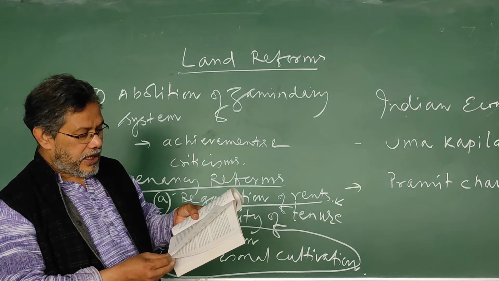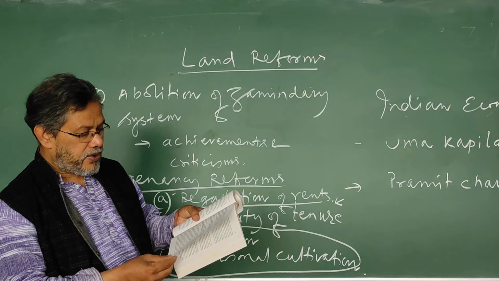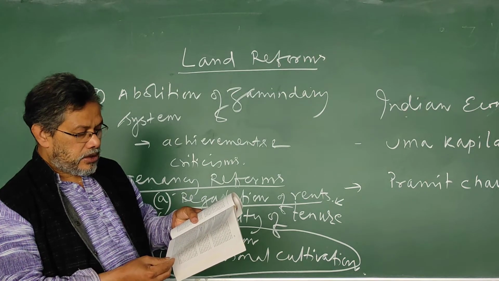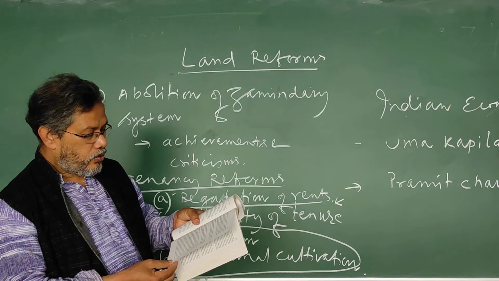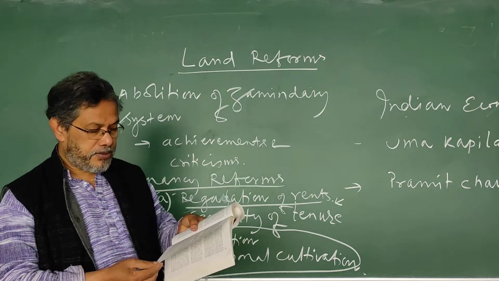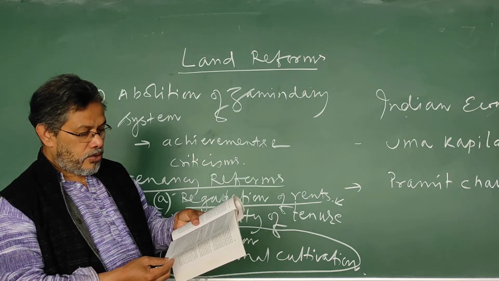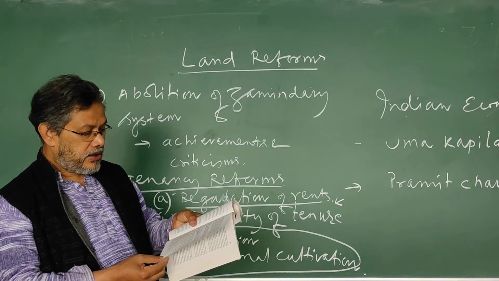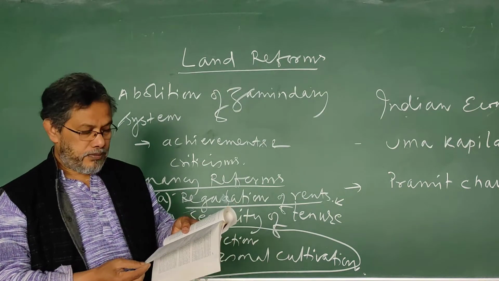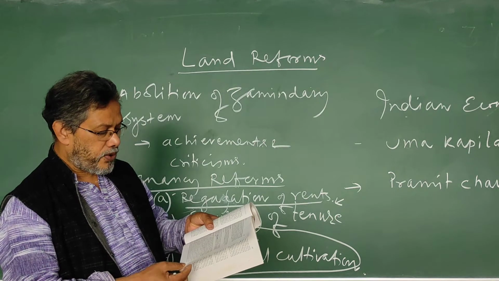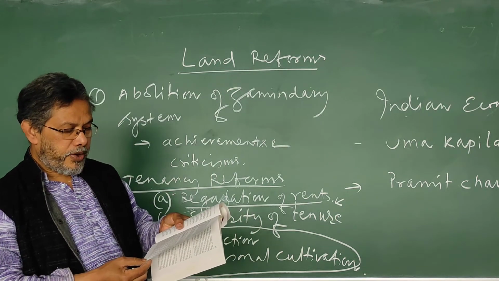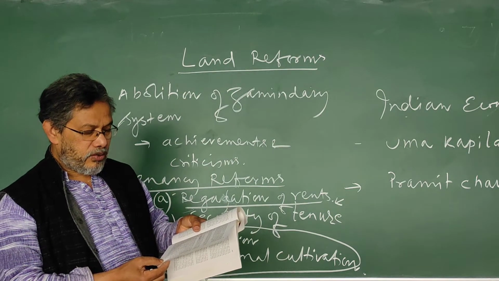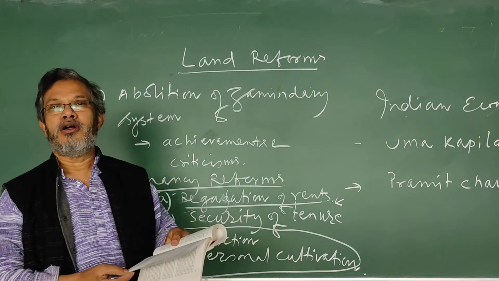For holdings of less than 12.5 acres, rent should be 1/2 of the total produce, while for the higher amount of land, it was 1/4 of the total produce for wetlands and 1/3 for dry lands.